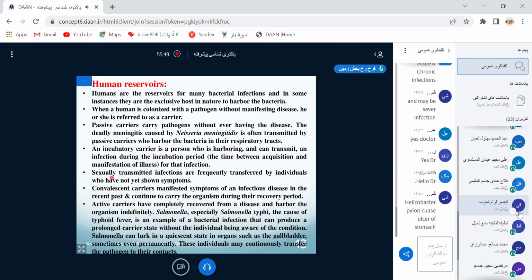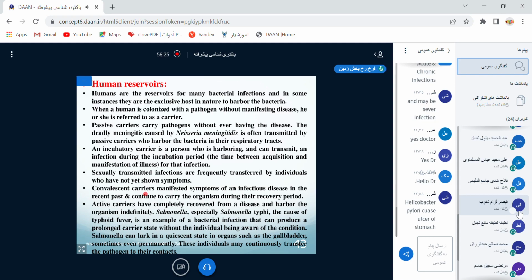Many people in the world may have sexually transmitted infections without any signs and symptoms, and very easily can transfer it to the sexual partner, but the other people may go through acute infection.